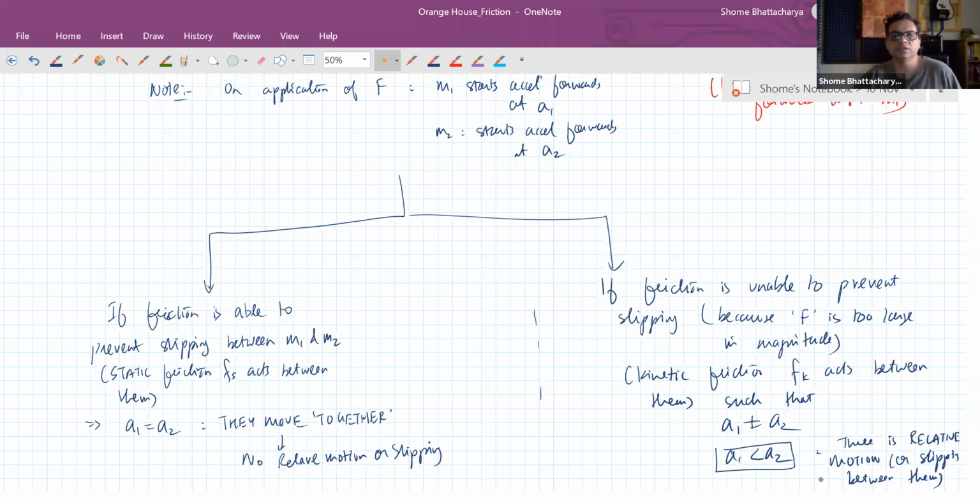So make a note up to here. Then we'll discuss how to gauge in the given problem which of the two possibilities is happening. Are they moving together without any slipping between them? Or are they moving as two separate blocks with slipping such that A2 is greater than A1?